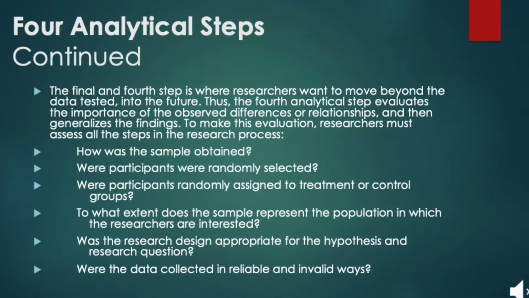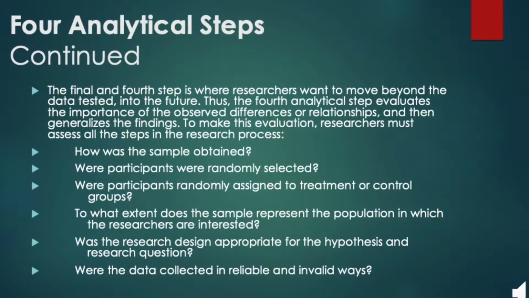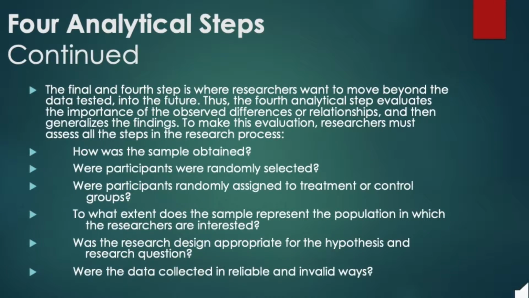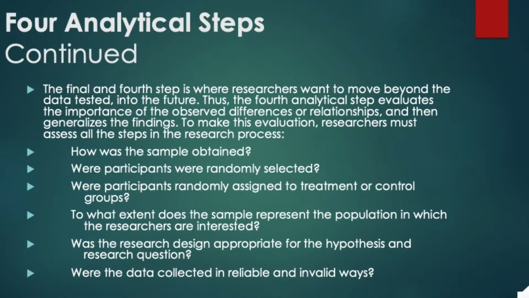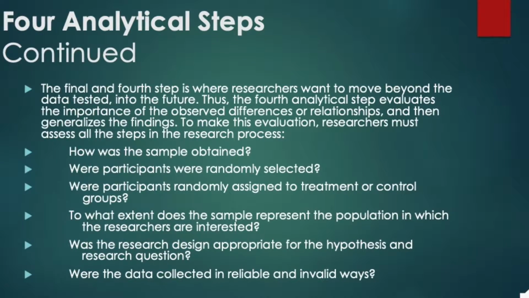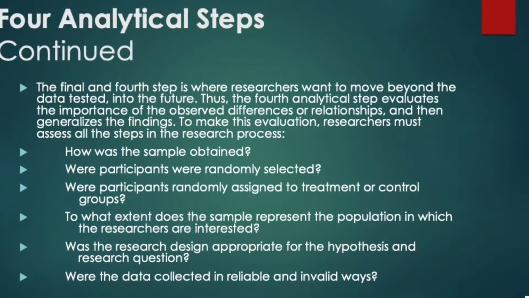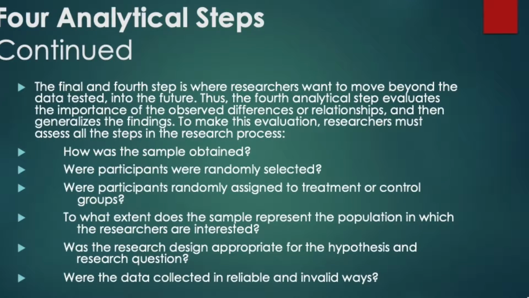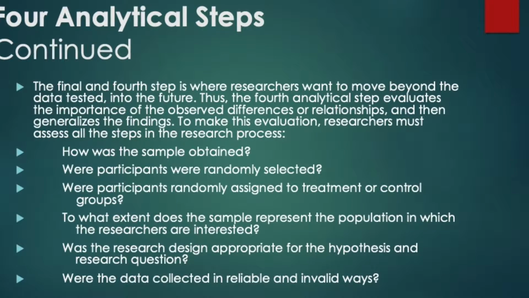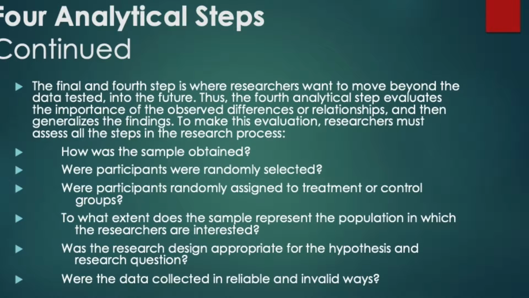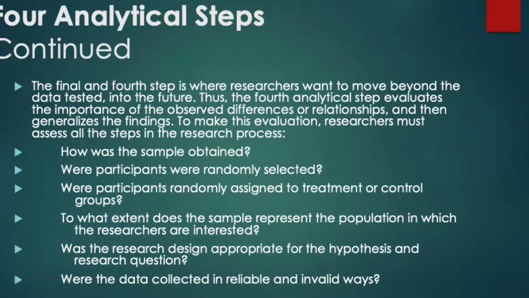Were participants randomly selected? Were participants randomly assigned to treatment or control groups? To what extent does the sample represent the population in which the researchers are interested? Was the research design appropriate for the hypothesis and research question? Were the data collected in reliable and valid ways?